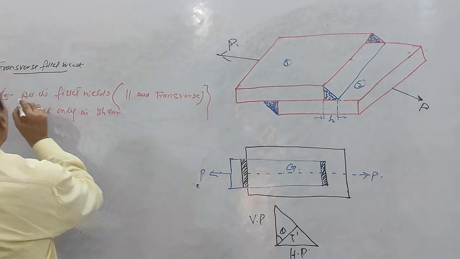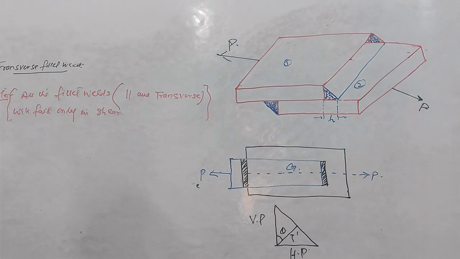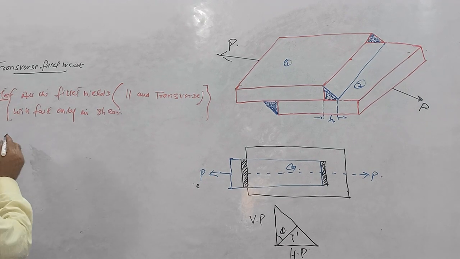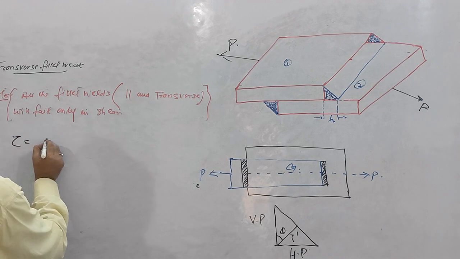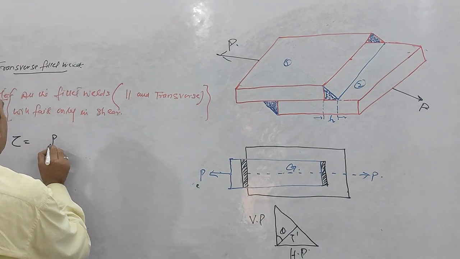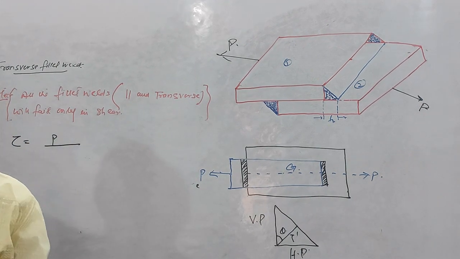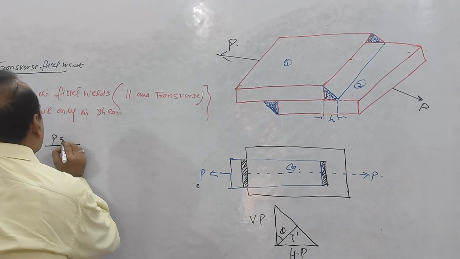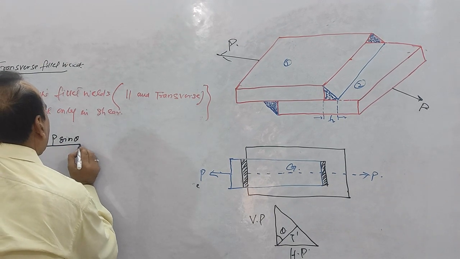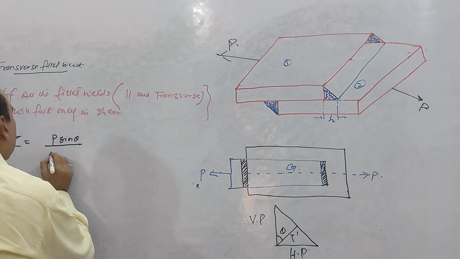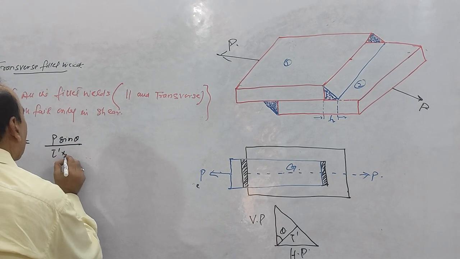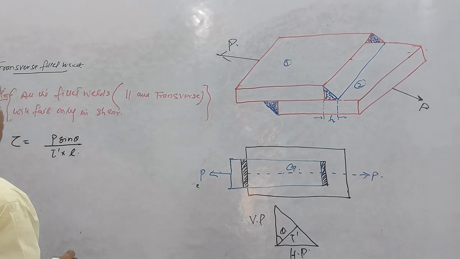This is a very important point. So therefore we will take tau. So tau is equal to P upon A, tau is equal to P sin theta upon T dash into L, where L is the length of the weld.